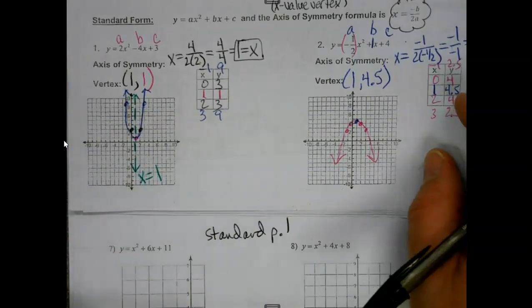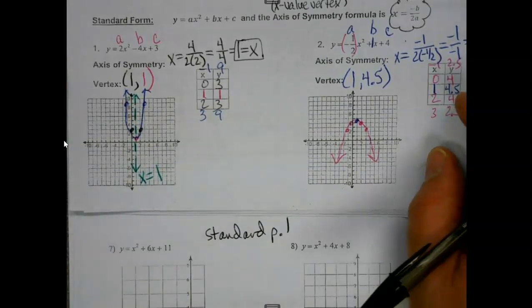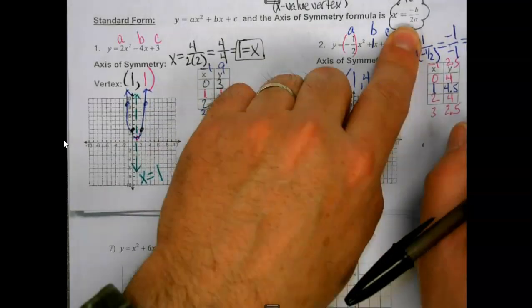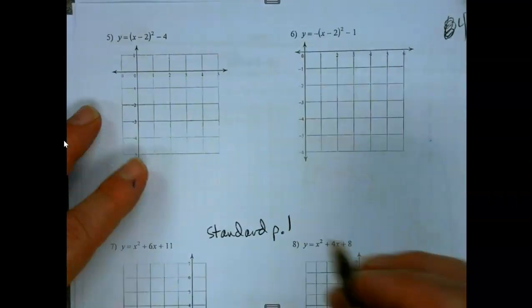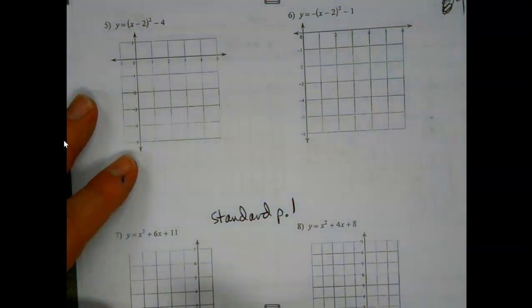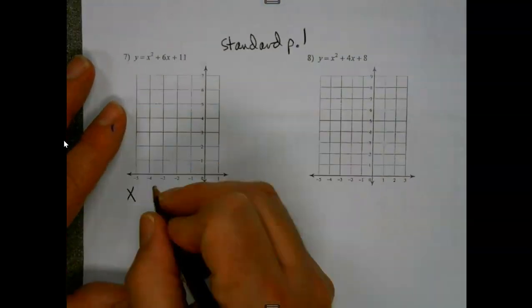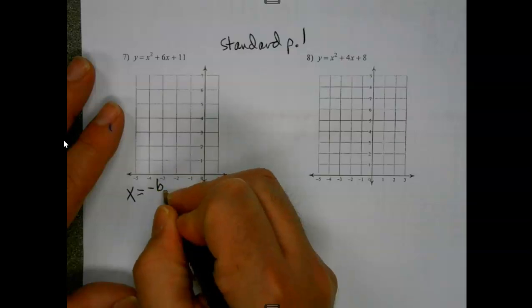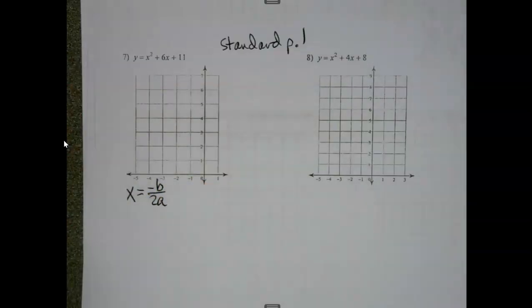This one, I got to figure out the vertex, at least the x value. So I got that little tiny formula right there, this negative b over 2a thing. So, let me get back up a little bit here. So on standard form, this is how we're going to find our vertex.